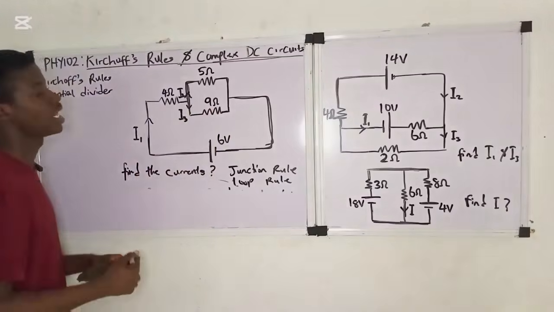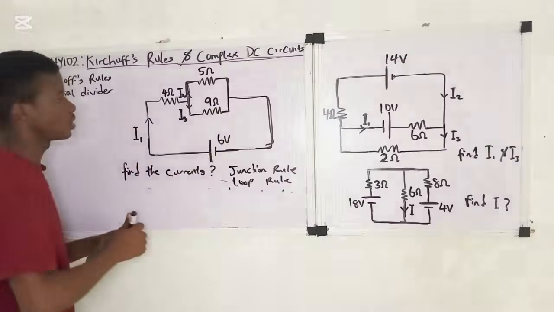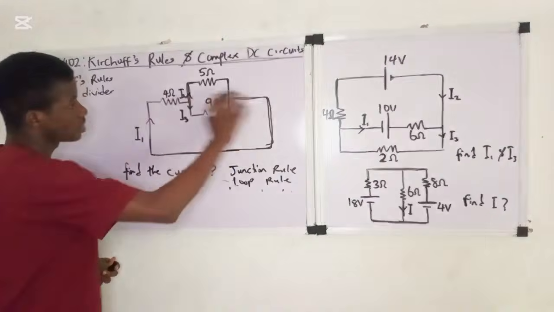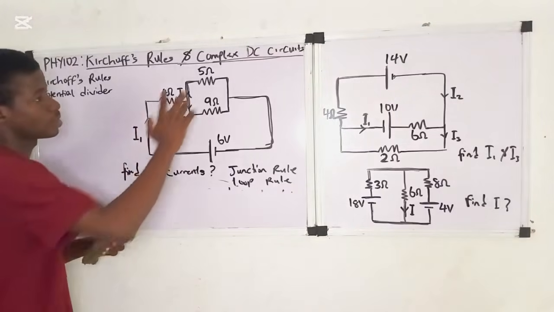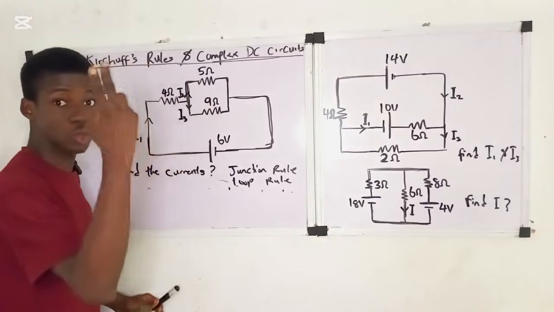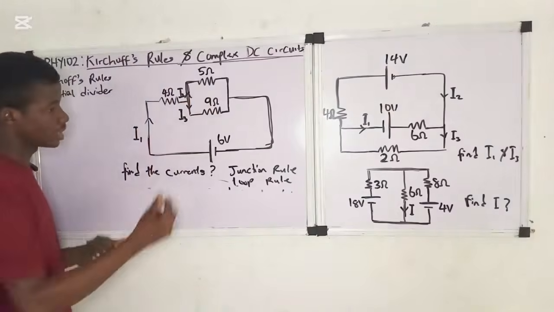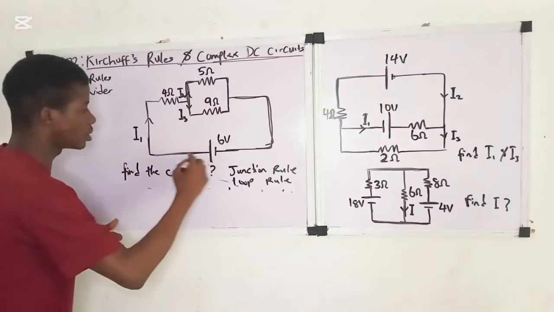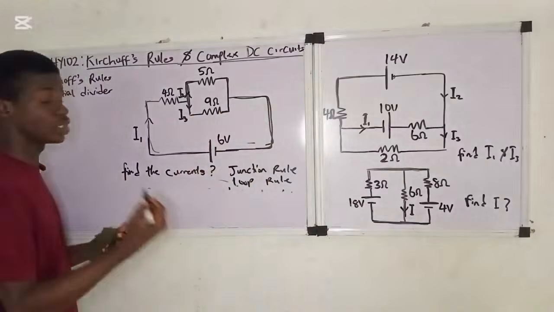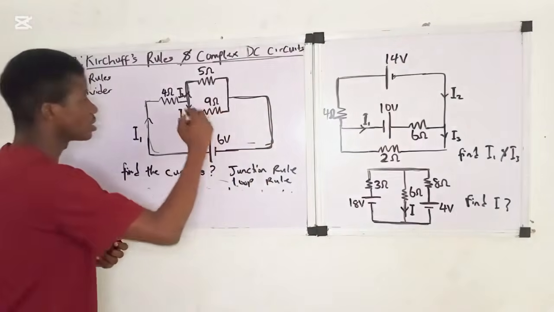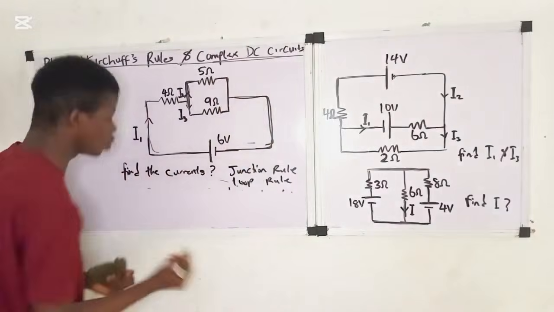That is very important. If you look at this diagram on the board, you find that it is made up of two closed loops. This is one of the loops, and the other loop is this one.